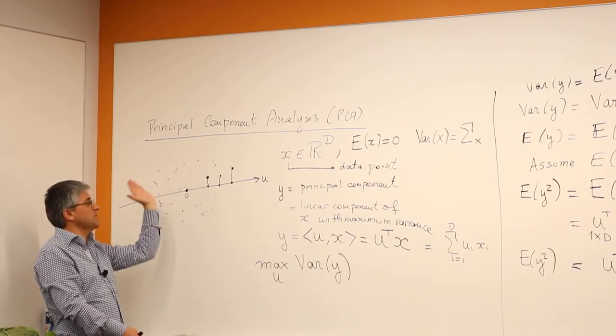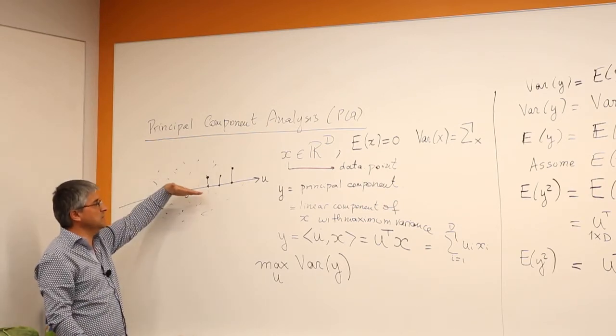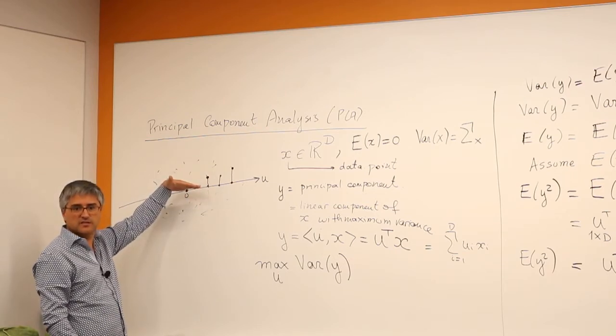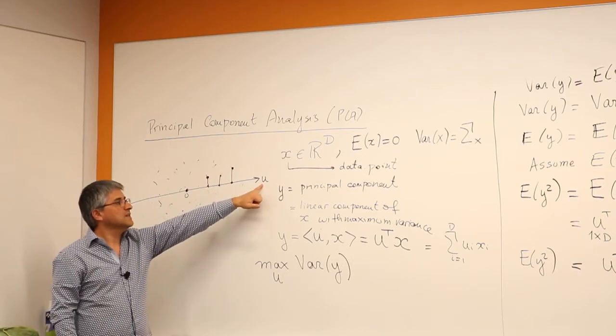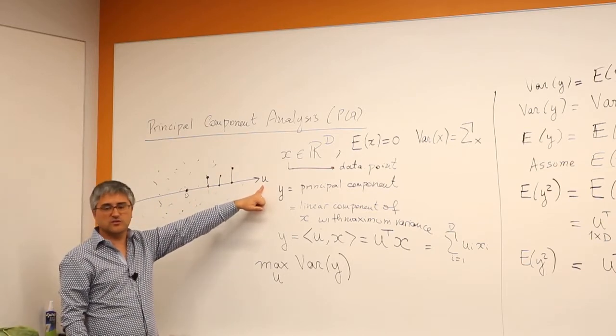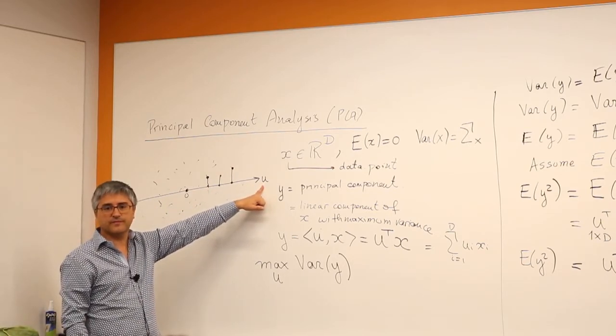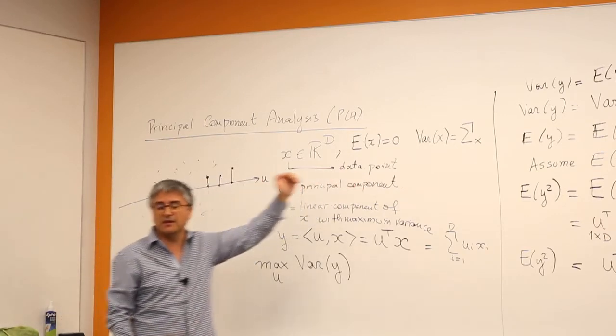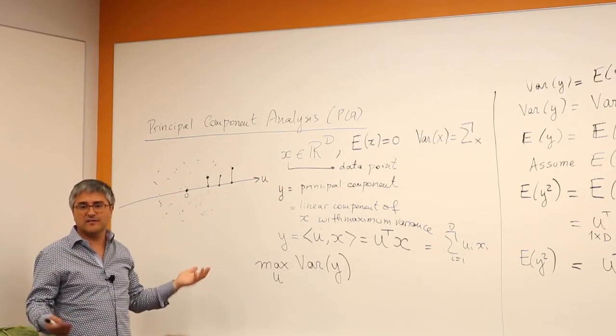As I changed the direction, the variance was going to be large, or small. So obviously this was the direction with the largest variance. But if u is a direction, what constraint do I need to put on u? The size of it. The size of it must be equal to maybe 1. I need to fix it, because if I allow u to be infinitely big, this is not going to work.